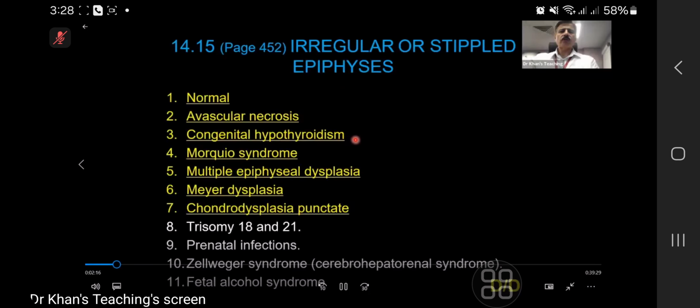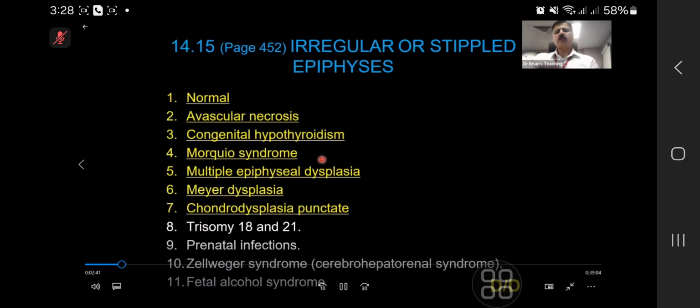And you should always remember Morquio, as mucopolysaccharidosis, this is important. There is an entity we call multiple epiphyseal dysplasia, which, as the name tells you, means the epiphyses will be abnormal. Meyer dysplasia is the same thing, but this one only involves the femoral capital epiphysis.